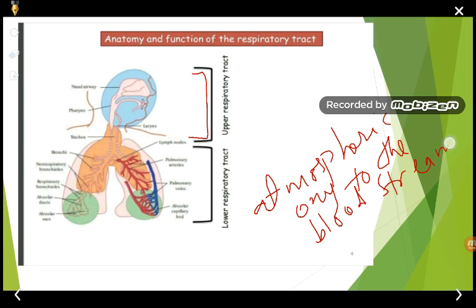This is the main function of the lungs. By means of the upper respiratory tract, oxygen is inhaled and then mixed with the blood, and that blood is then transported to the different parts of the body.